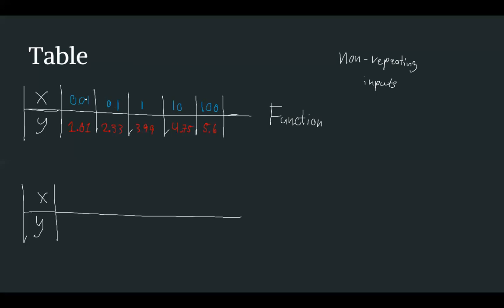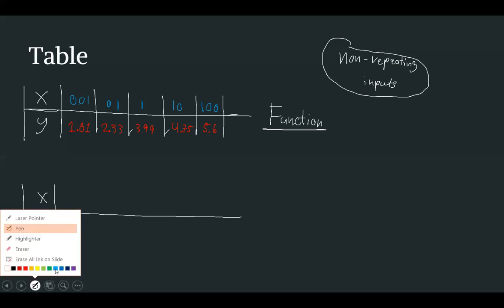Because the inputs, such as 0.01, 0.1, 1, 10, and 100, are all unique. They are not all the same, nor are some of them, two of them, or maybe three of them the same. All of them are unique. Therefore, it is a function. So yeah, it is non-repeating. This one is quite easy to determine actually.